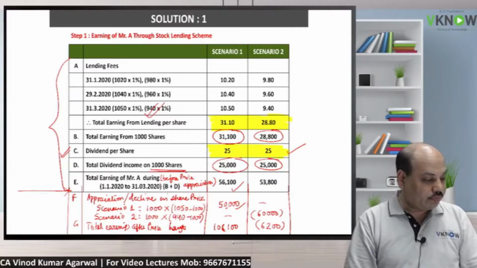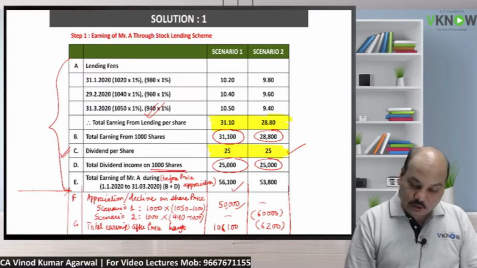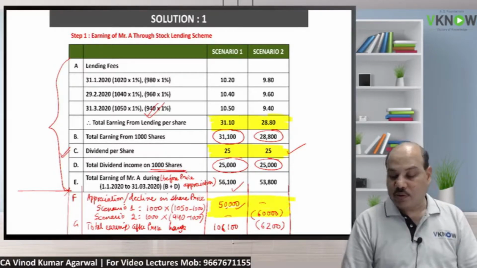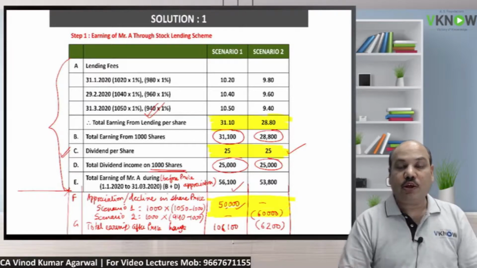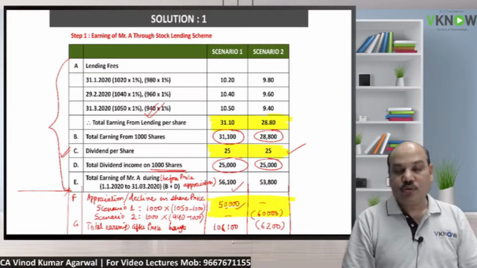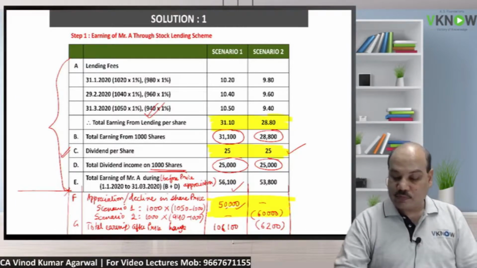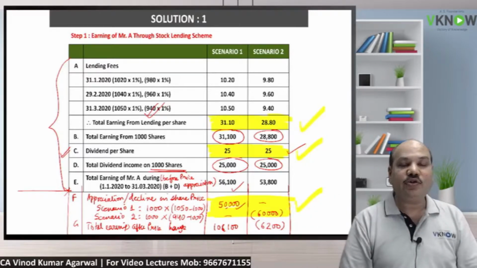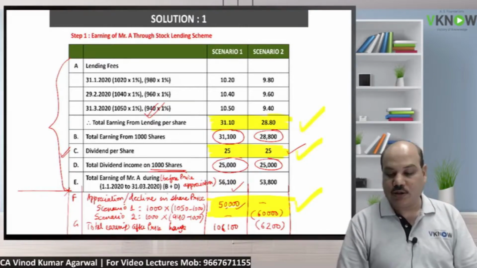And then he will also have to enjoy or suffer the appreciation or depreciation in the price. And one more thing, he will have to pay bank guarantee charges also to the bank.